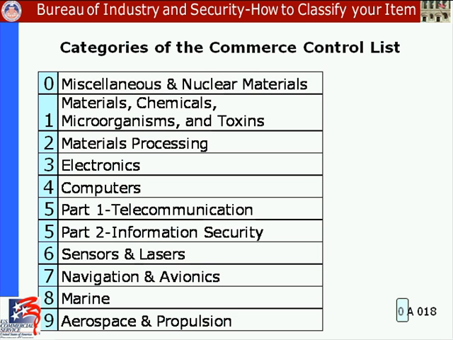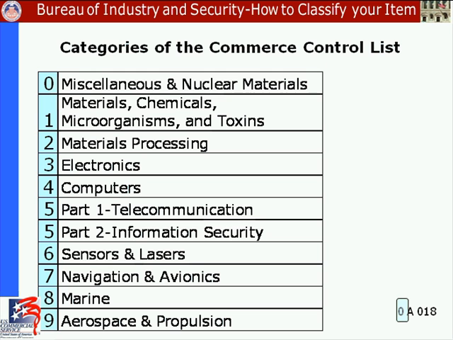And category 3 is electronics. It's pretty clear, any kind of electronic integrated circuits are in 3A001. You also have electronic manufacturing equipment in 3B001.